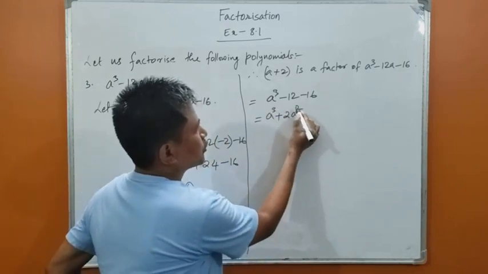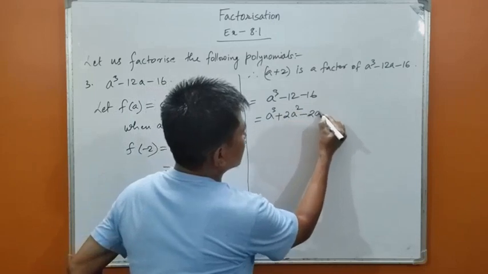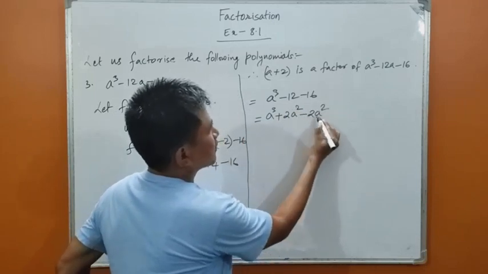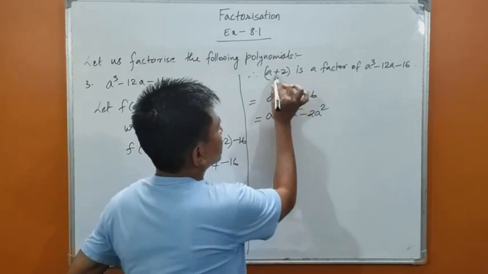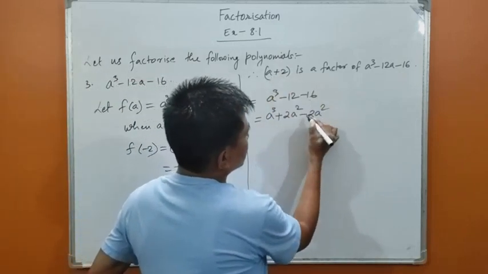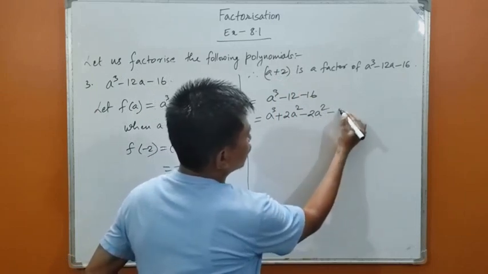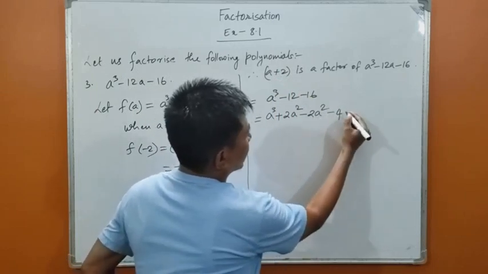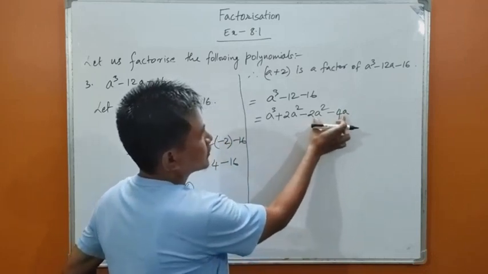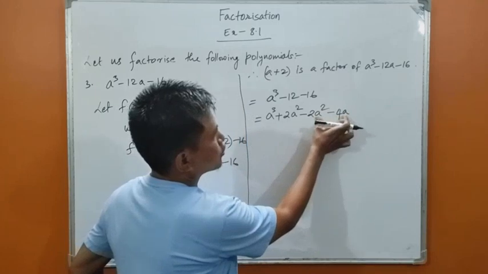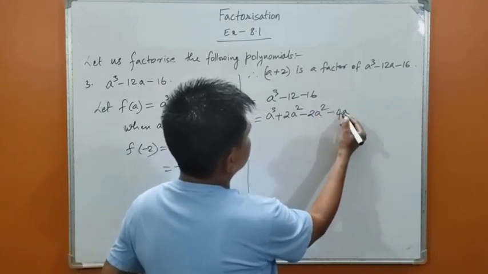Now we cannot put 2a square like this, so we need to balance this by putting minus 2a square. Plus 2a square minus 2a square becomes 0, isn't it? Now we need again a plus 2. So minus into minus becomes plus. So 2a square means we need 4a. When we take 2a common from this it becomes a plus 2. Okay, now we have minus 4a, isn't it?